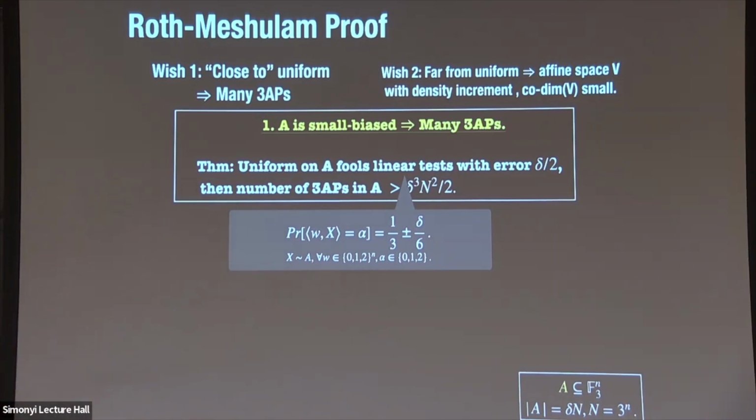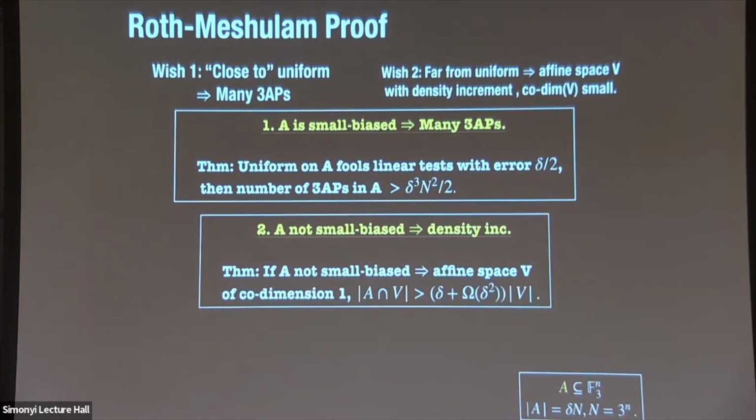Probability that it equals 1 is 1/3 plus or minus some small error. And probability that it equals 2 is also 1/3 plus or minus some small error. And again, as I said, I'm focusing on F_3^n just for concreteness. The same thing works for general F_q. So if it's close to uniform in the sense that linear tests cannot distinguish our set A from a uniform random thing, then you should have many 3APs. This is the first step of Roth's argument.